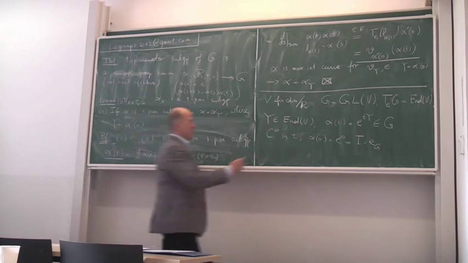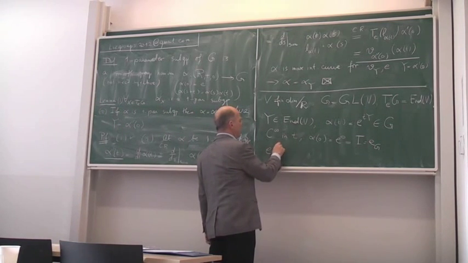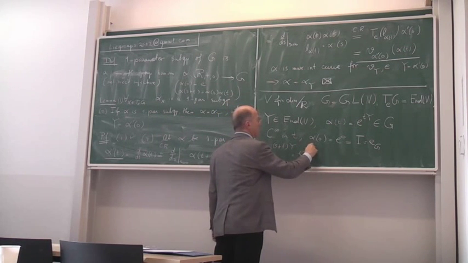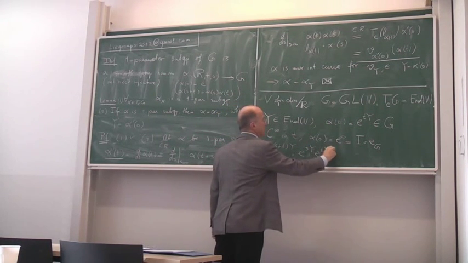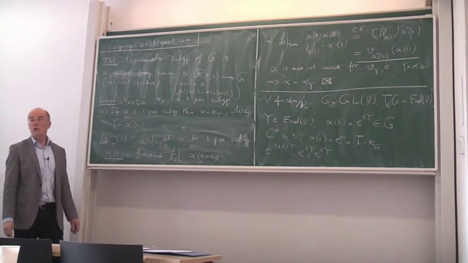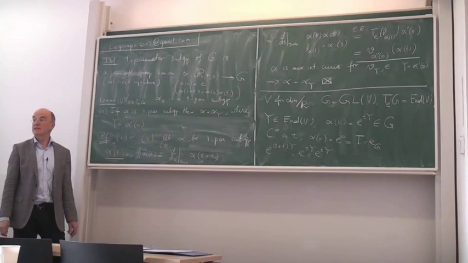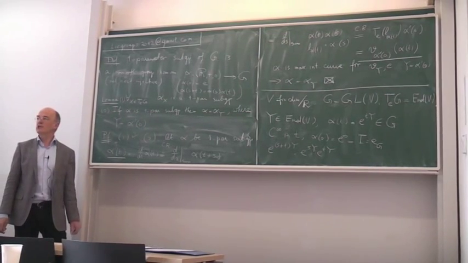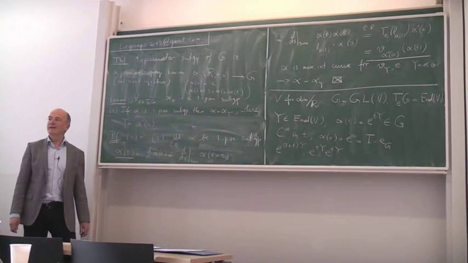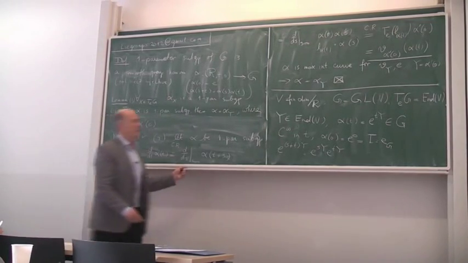And it satisfies the multiplicative property that this is equal to the composition or the product in this particular group of the two exponentials for all s and t. So it's a one-parameter subgroup, and we know that each one-parameter subgroup has to be of a specific form.